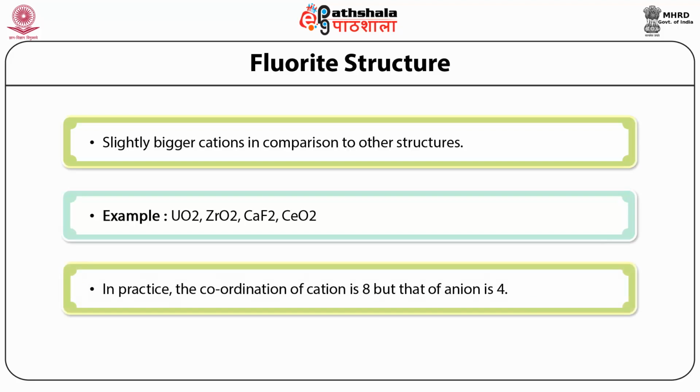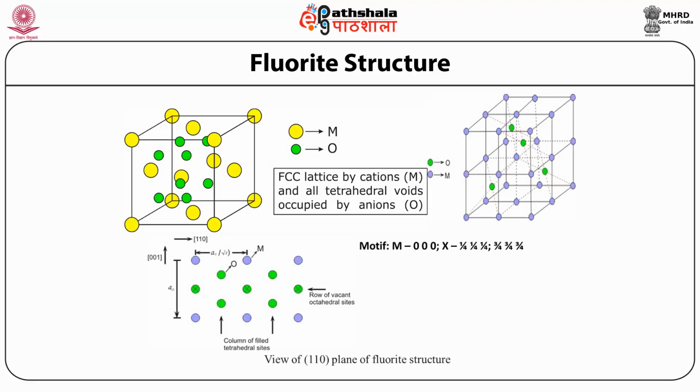In practice, the coordination number of the cation is 8 and that for the anion is 4. The fluorite structure is shown on the left hand side, where the atoms correspond to cations, that is M, whereas the green atoms correspond to anions, that is O.